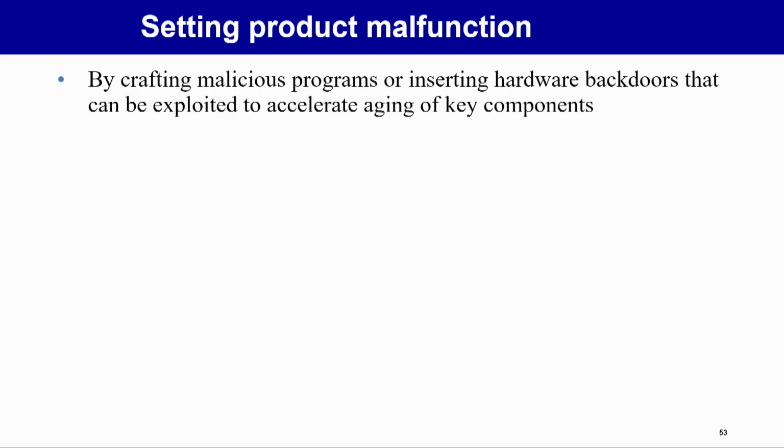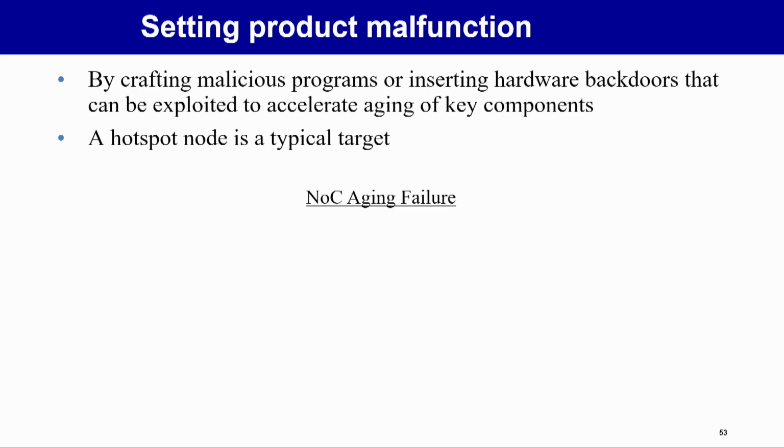So this can be exploited to accelerate aging of key components, through a program or some extra hardware circuit. And here a hotspot node is a typical target. The component in the processor that is used a lot, you want to use even more, so that it becomes slow and ages faster and the whole system is basically shut down.